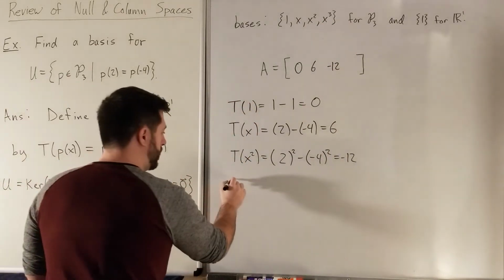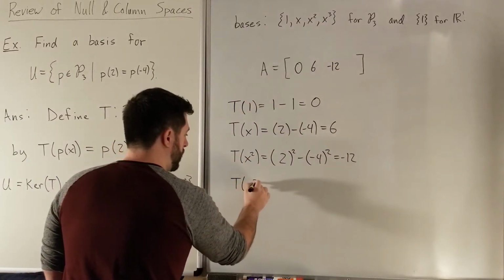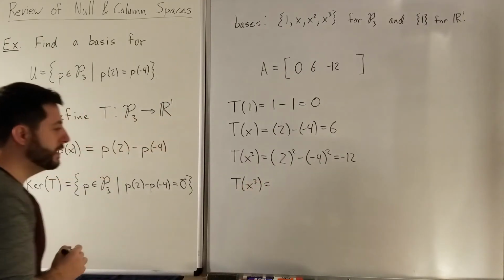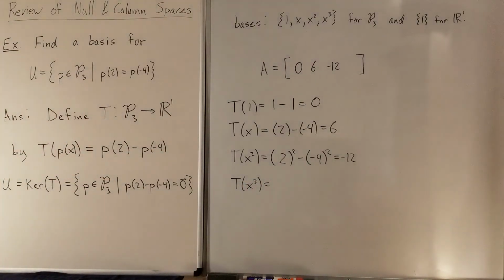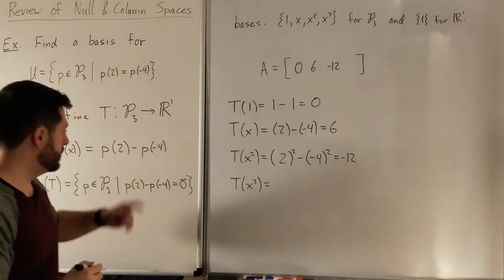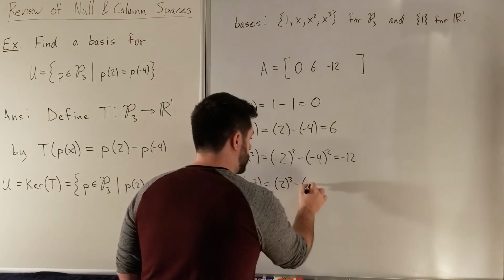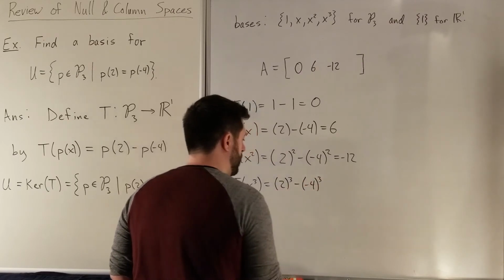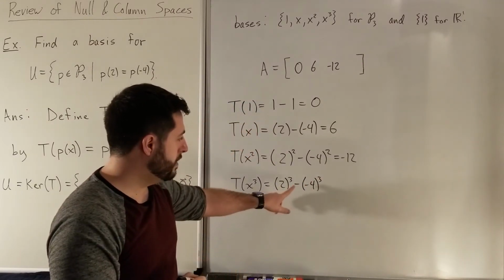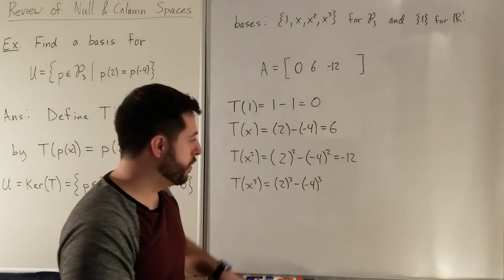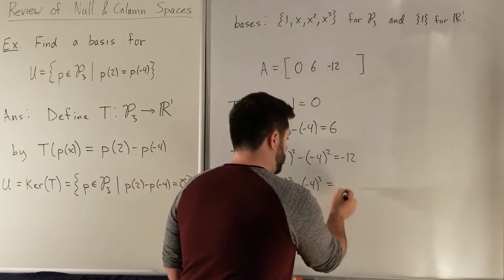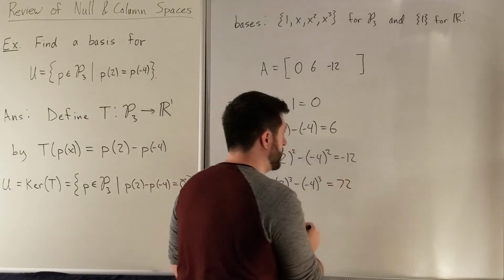Okay, and finally, I'm going to evaluate x cubed. So T of x cubed is 2 cubed minus negative 4 cubed. And this is 8 minus negative 64. So 8 plus 64 is 72.